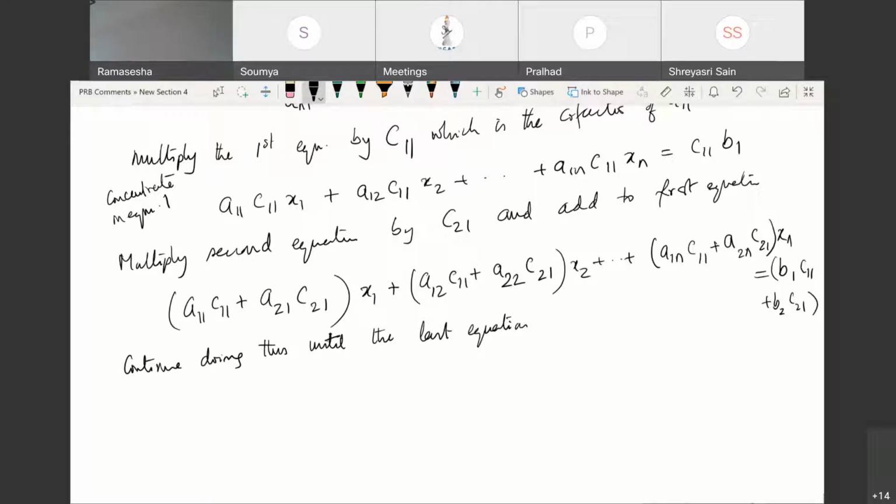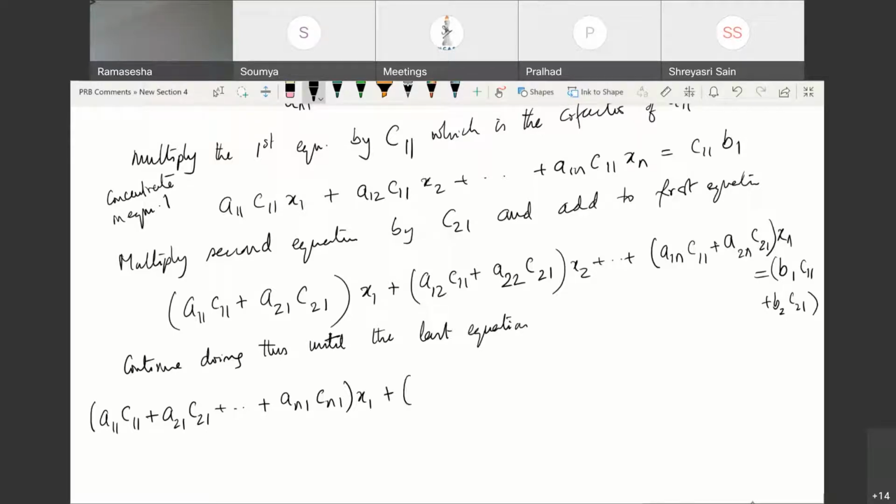Okay, so if I continue doing this, then it will become like this: (A11 C11 plus A21 C21 plus etc. plus An1 Cn1) X1, correct?